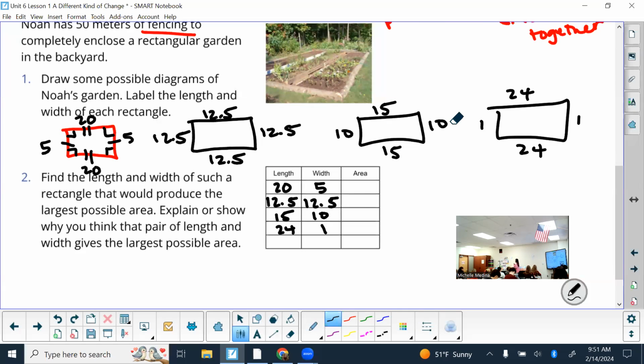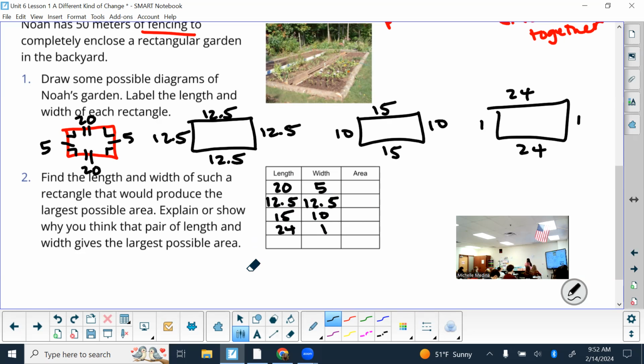Brooklyn, one more combination. 20 and 5. We have that one. Do we have a different one? And also, guys, there is a pattern going on, if you're noticing, that all of these have in common.